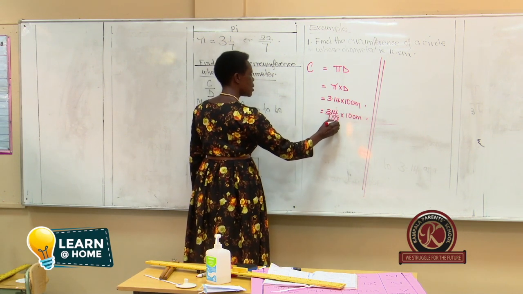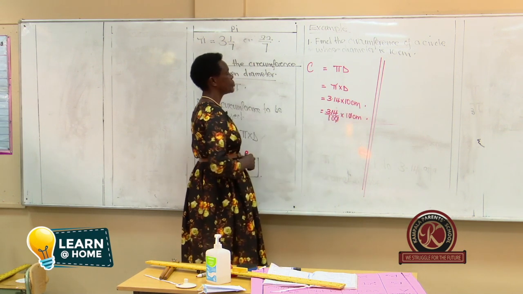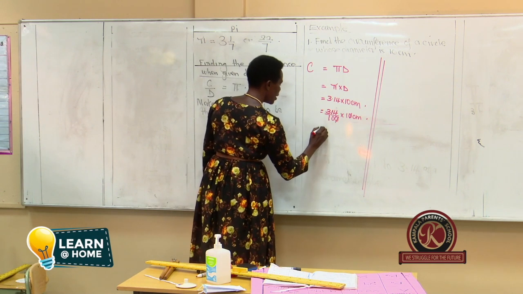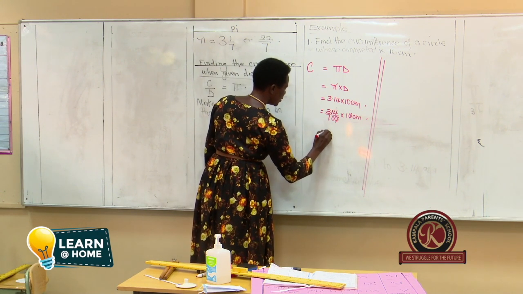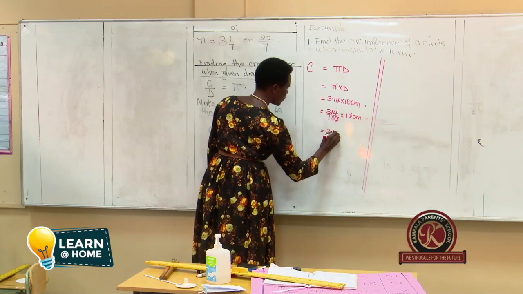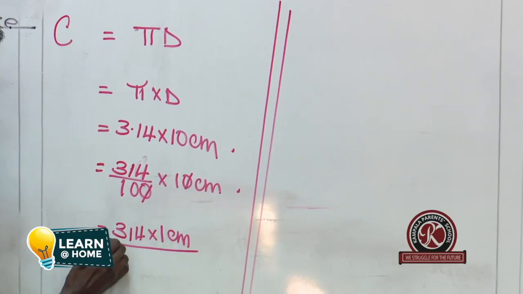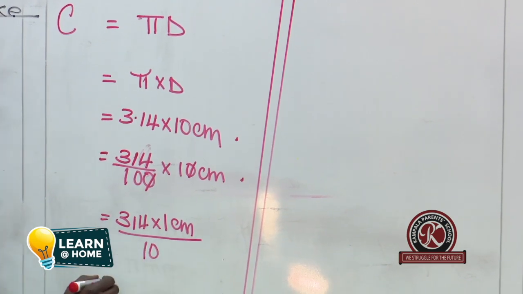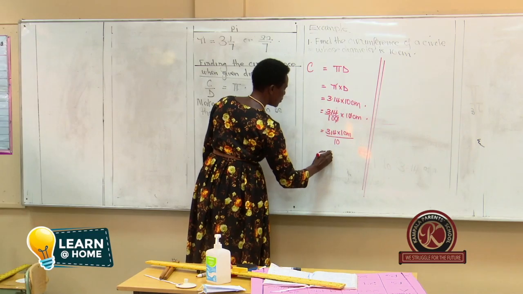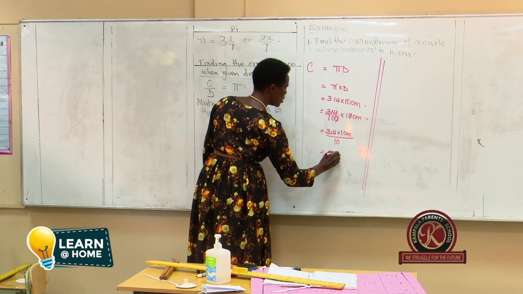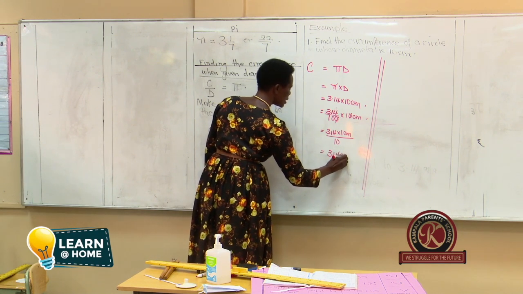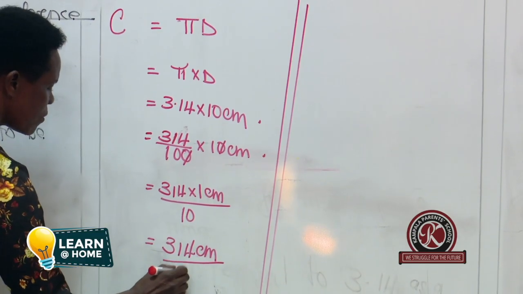Reduce this 0 so that we come up with 314 times 1 centimeter out of 10, which is giving us 314 centimeters out of 10.